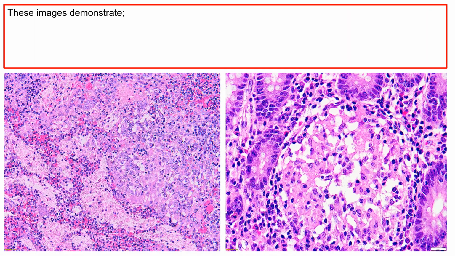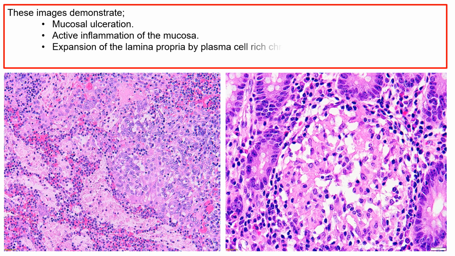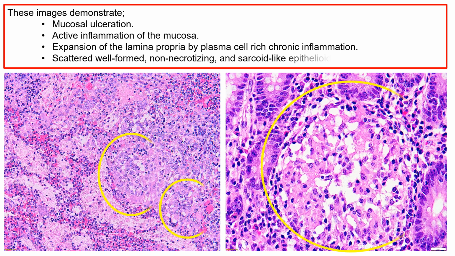These two images demonstrate mucosal ulceration, active inflammation of the mucosa, expansion of the lamina propria by plasma cell-rich chronic inflammation, and scattered, well-formed, non-necrotizing, and sarcoid-like epithelioid granulomas.